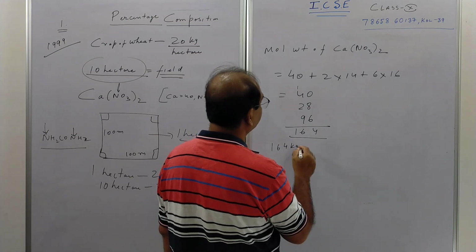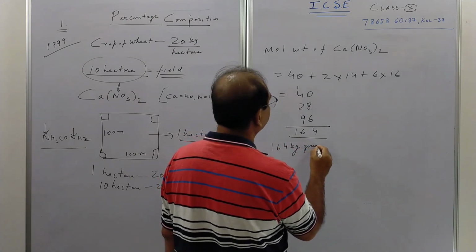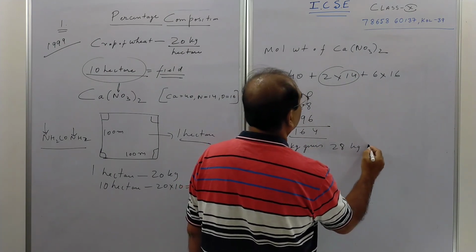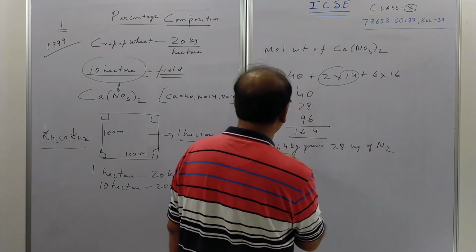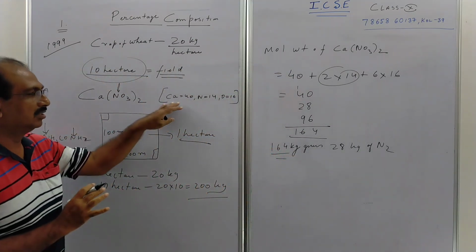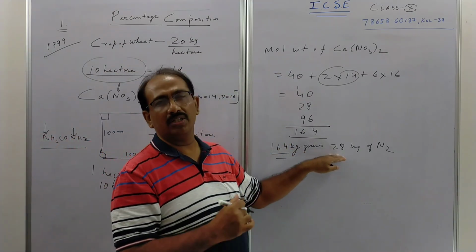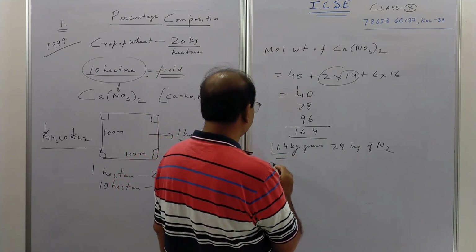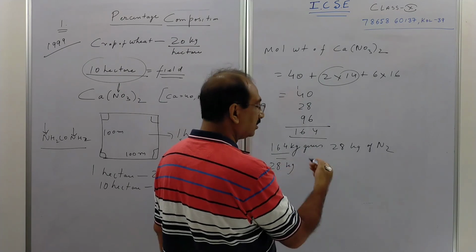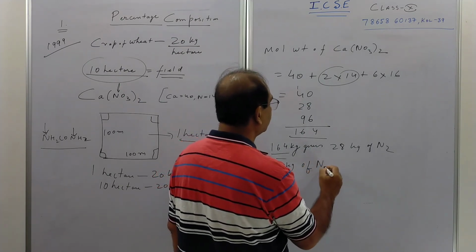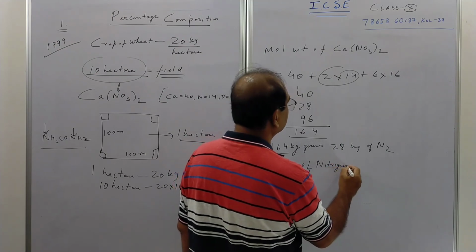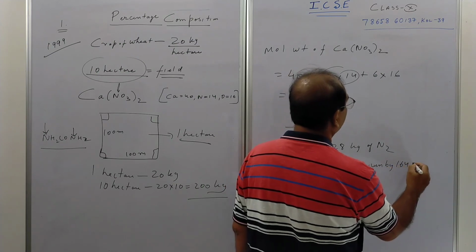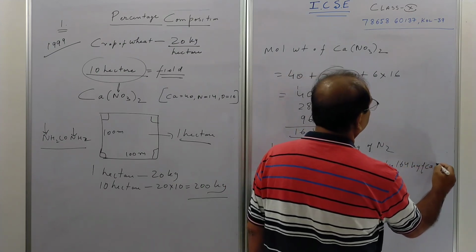164 kg of calcium nitrate gives 28 kg of nitrogen. If you take 164 kg of calcium nitrate, 28 kg is what is important. So 28 kg of nitrogen, I just reverse it, is given by 164 kg of calcium nitrate.